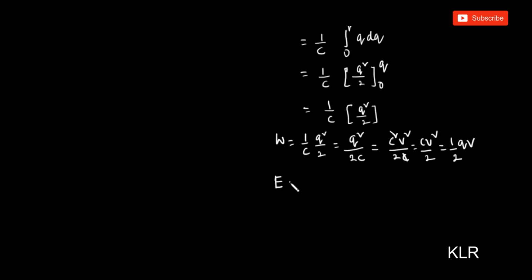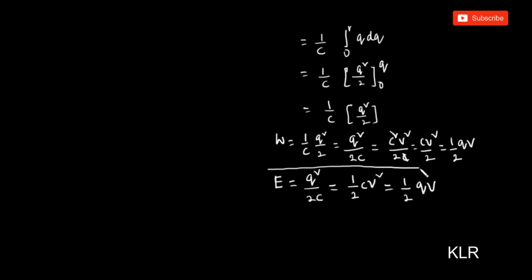The energy stored in the capacitor is equal to q square by 2c, which is equal to half cv square, which is equal to half qv. This is the energy stored in the capacitor.